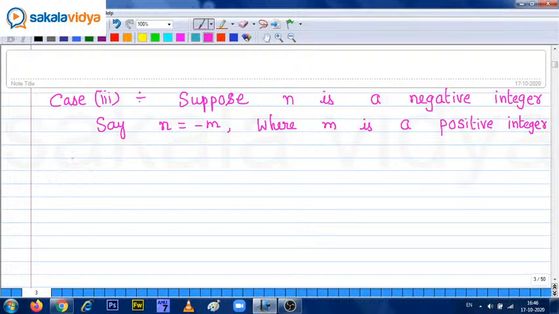So therefore, even for negative integers we need to prove the limit as x tends to a of (x to the power of n minus a to the power of n) upon (x minus a).